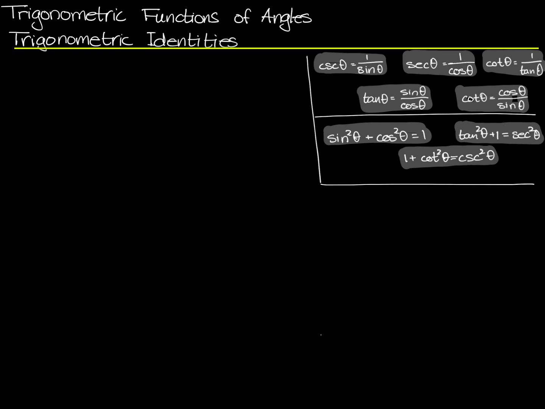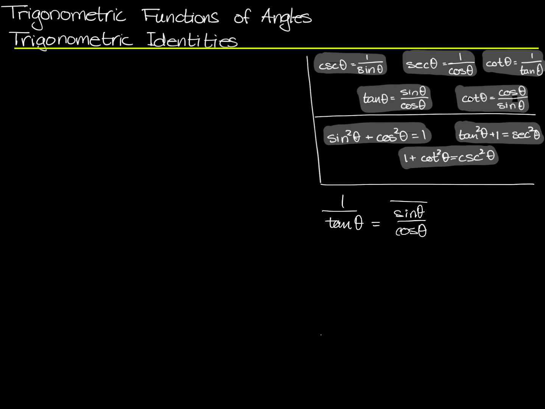Okay, here's a summary of the identities we've learned so far. These are the reciprocal identities. I've never really understood why we need this cotangent, because tangent, we already know, is sine over cosine.